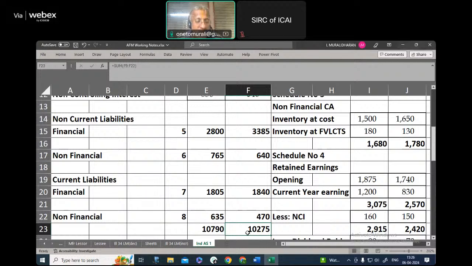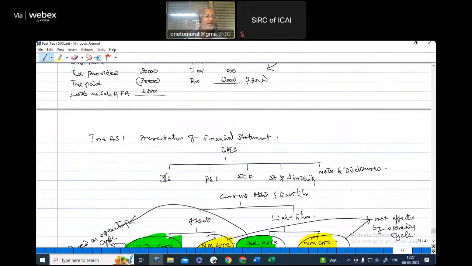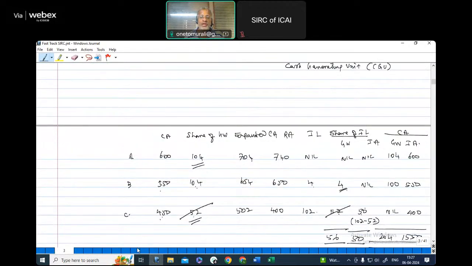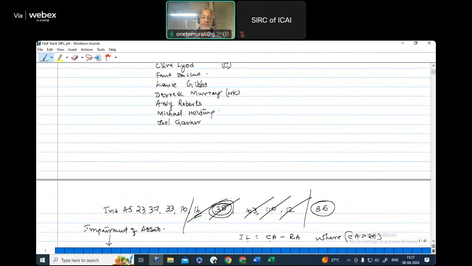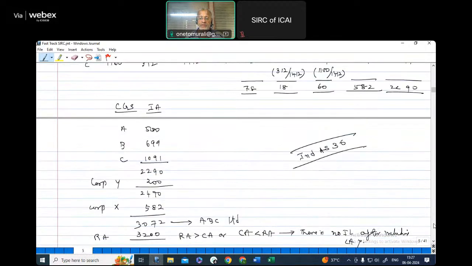So with that, we have taken up a basic lesson on Ind AS 1, and that is also over. So remember, we were noting down the Ind AS that we have completed.